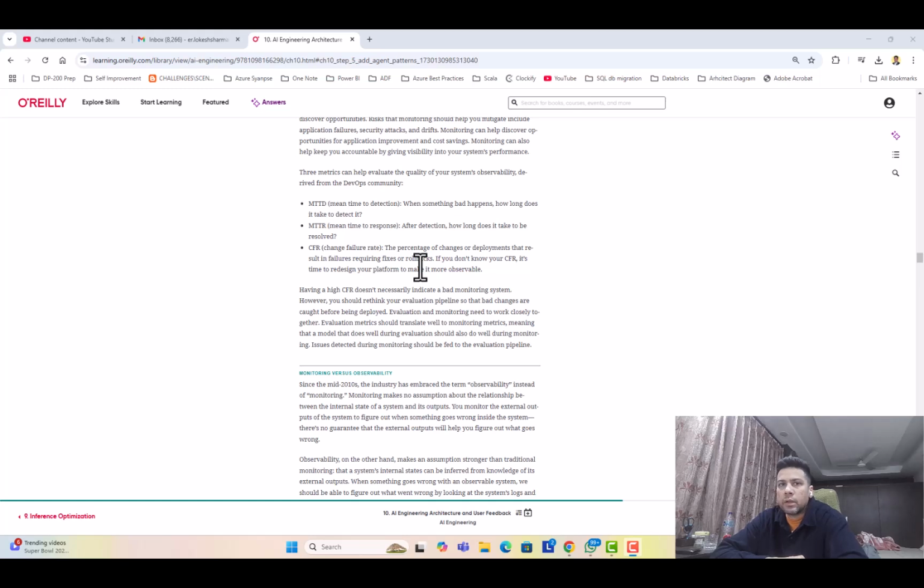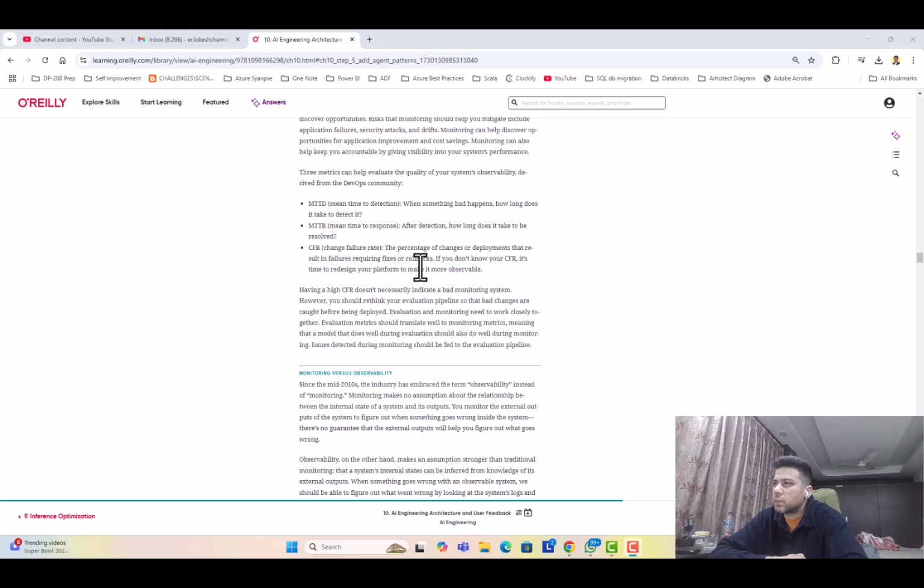Let's say you designed an application which was only meant for text generation, but now you have modified and enhanced it so that it can also recognize audio. That would be an enhancement. But once that goes live in production, if the user starts complaining about it, that's where it matters how quickly you respond to that.